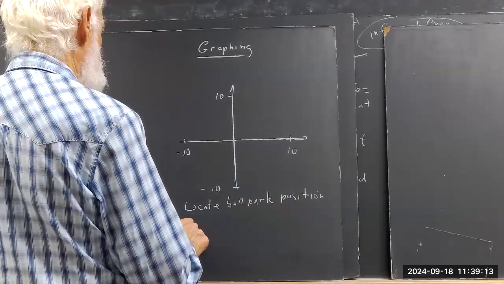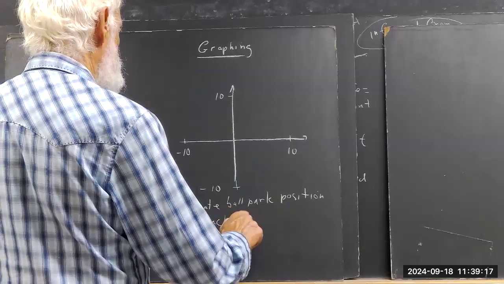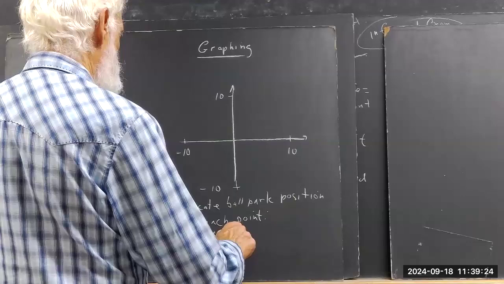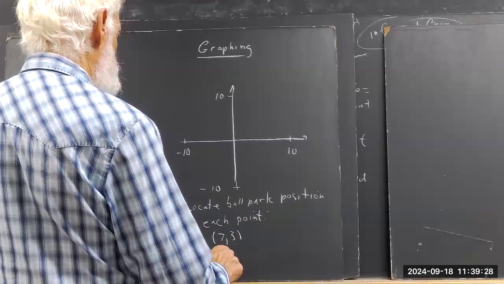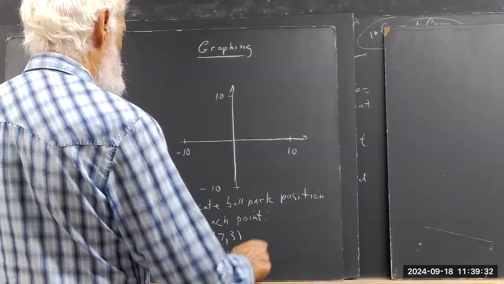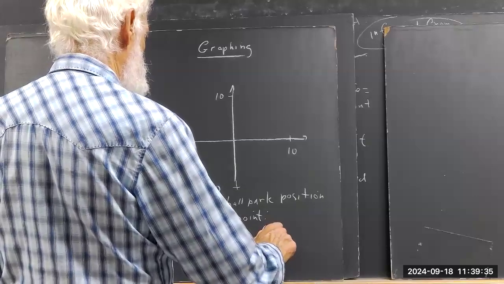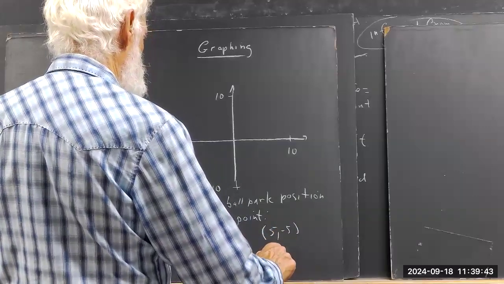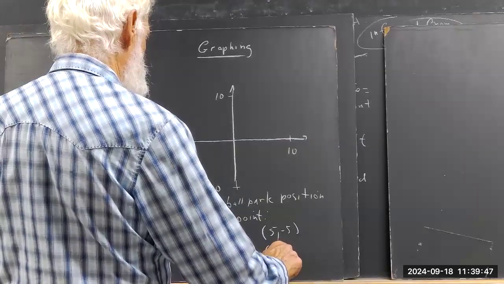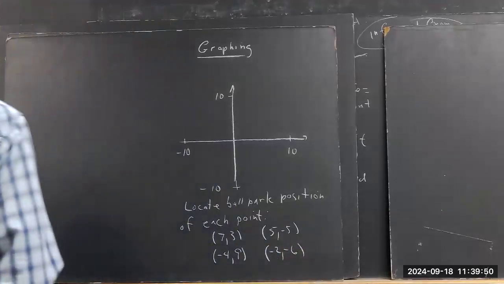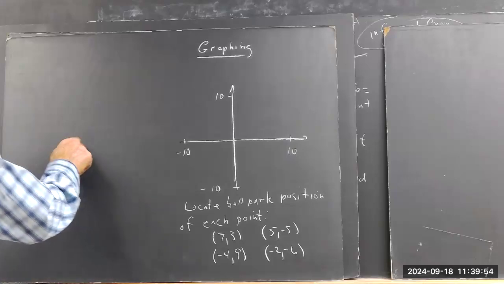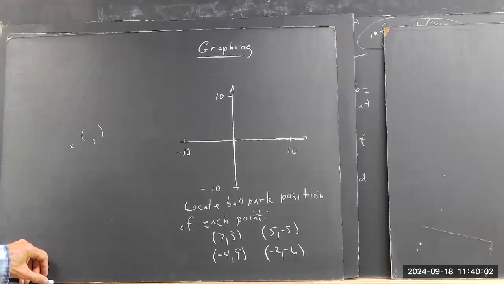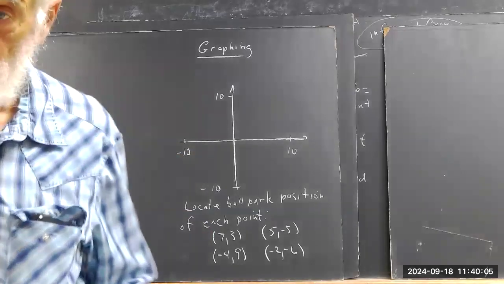Locate the ballpark position of each point, make a mark on the page, and then label the point with its coordinates. I want to make sure everybody's doing at least this with the coordinate plane.